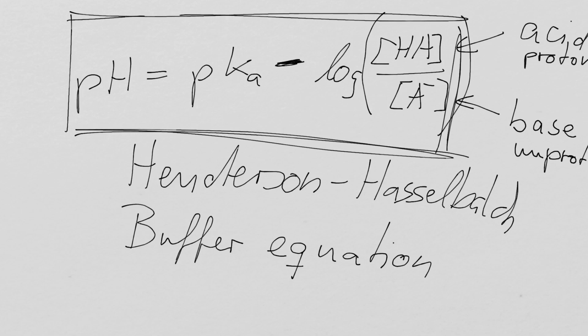Regardless of what happens to the cell, the proton concentration in the cell will always be the same, roughly, within certain limits.